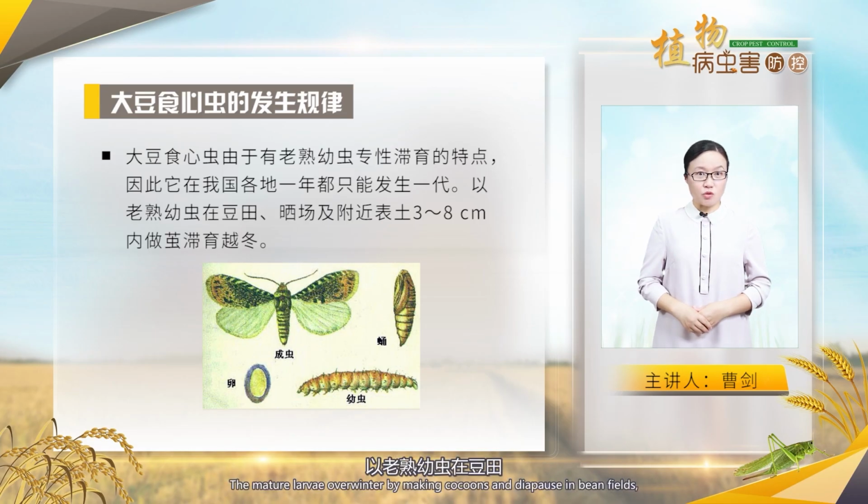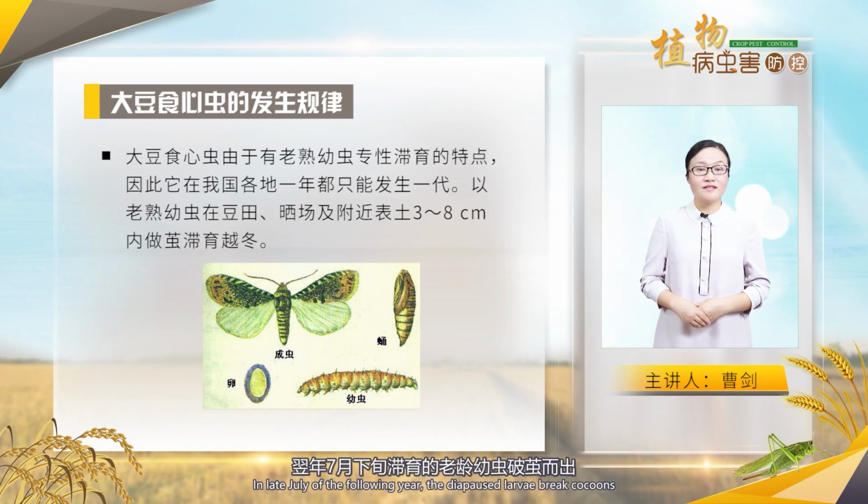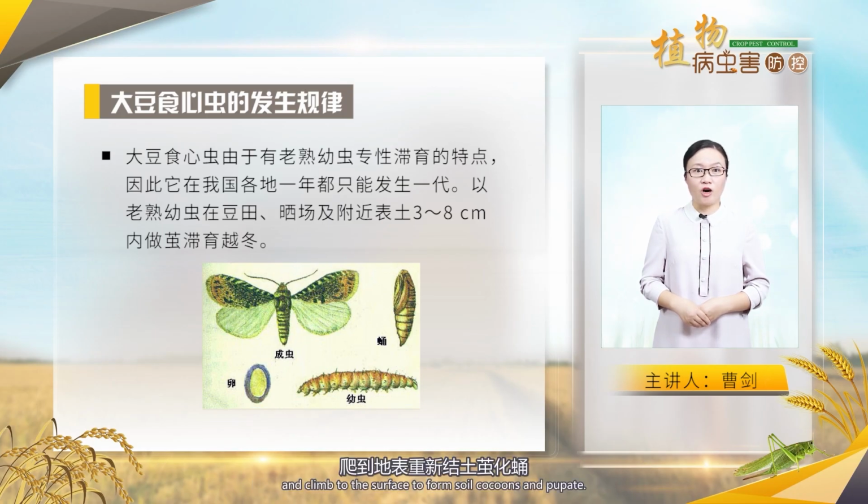The mature larvae overwinter by making cocoons and diapause in bean fields, sunning grounds, and nearby surface soil within 3 to 8 centimeters. In late July of the following year, the diapaused larvae break cocoons and climb to the surface to form soil cocoons and pupate.